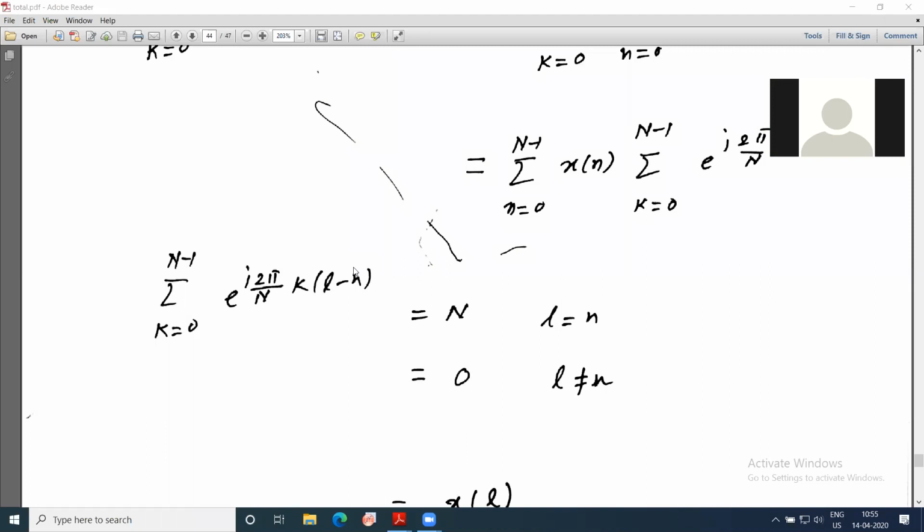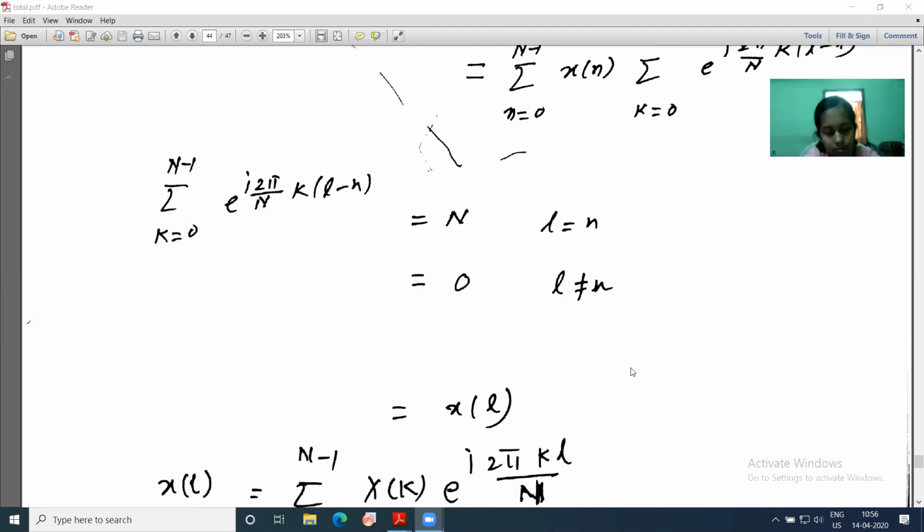Okay, to explain this, when l equal to n, what is l minus n? It is 0. When l is not equal to n, then l minus n will be something positive or negative, it will have a value. So what I mean is, if l equal to n, then l minus n equal to 0, and when l is not equal to n, then l minus n is not equal to 0.